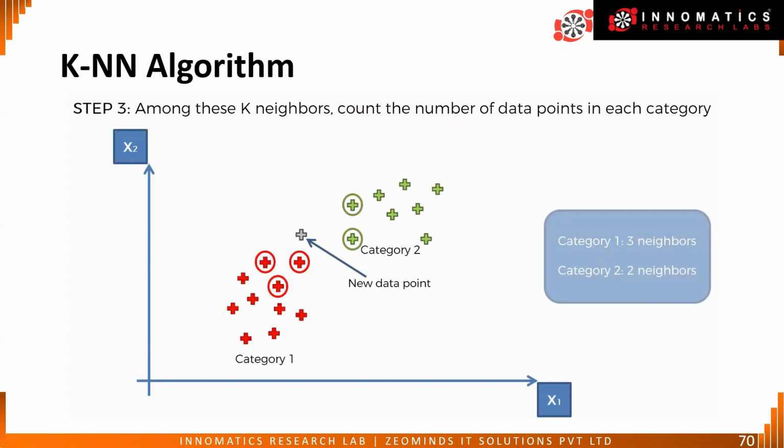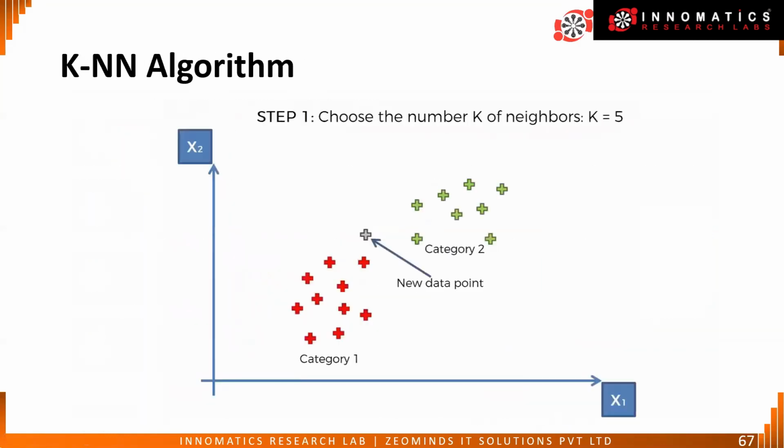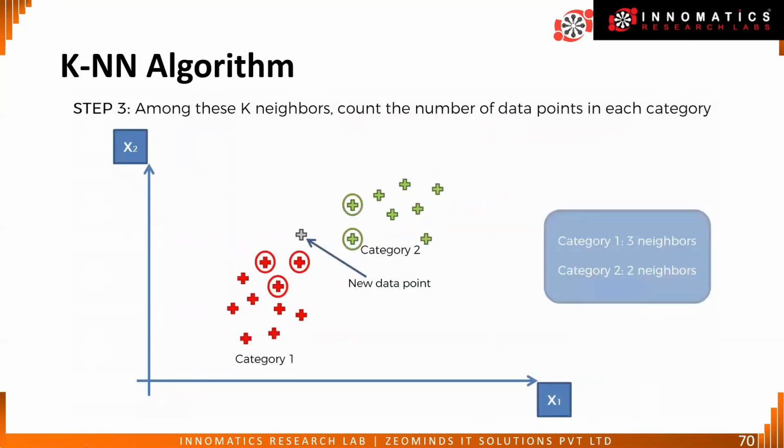But here you might ask why I selected k is equal to 5. Basically, in a binary classification problem, meaning 2 classes, we generally select odd values of k. Because if you select k is equal to 4, there is a possibility that you might end up with a 50-50 probability, and that should not happen.